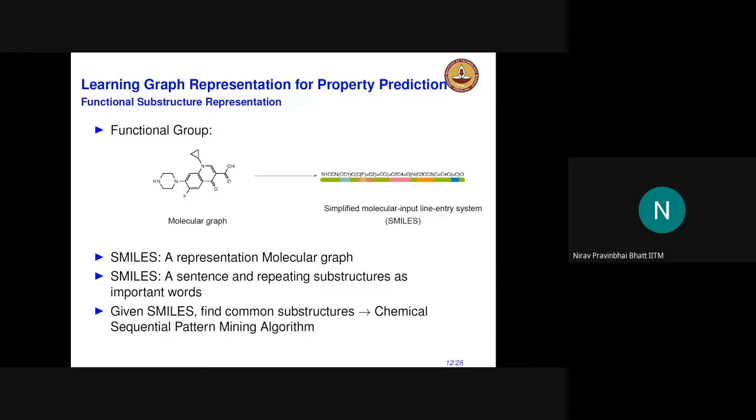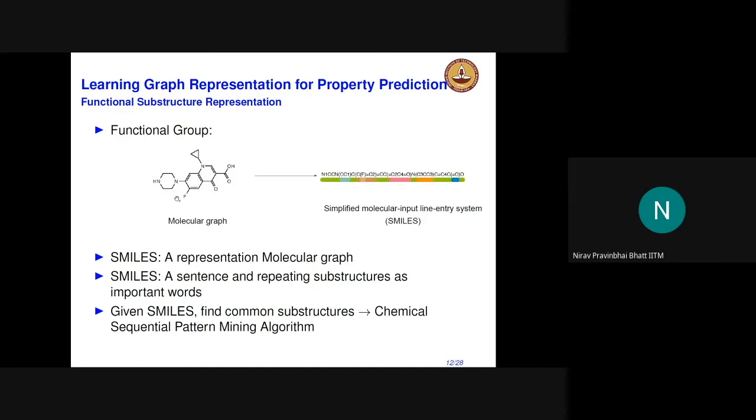So what we are looking for here is, can we identify common substructures across different molecules which are repeating frequently? And given SMILES, can we find these common substructures in an easy manner?